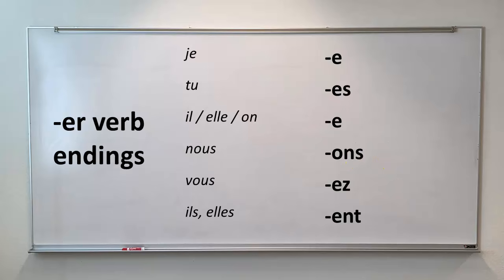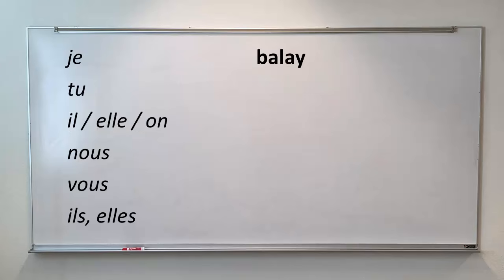So now let's take a look at the forms of this verb in the present tense. Again, it is a regular ER verb, so you'll use the regular ER verb endings that you already know. Remember that the first thing you want to do is remove your ER from the infinitive.